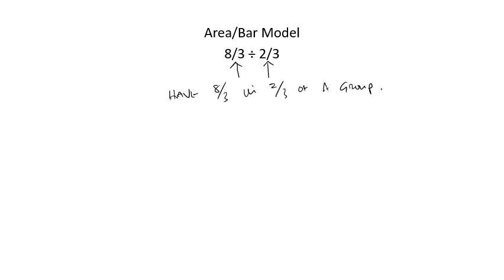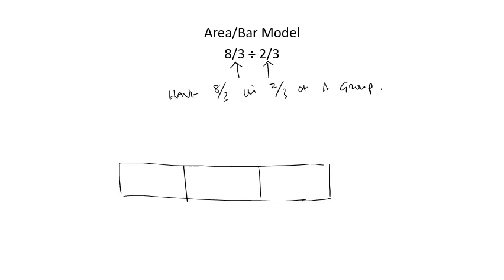So we can draw our 2/3. And so here's our 2/3. And so we've got 1/3, 2/3, 3/3. And our 8/3 has to be distributed over this 2/3. And again, one of the key ideas in talking about fractions is that we're talking about equal sized groups. So we can't put 5/3 and 3/3 in the two parts.